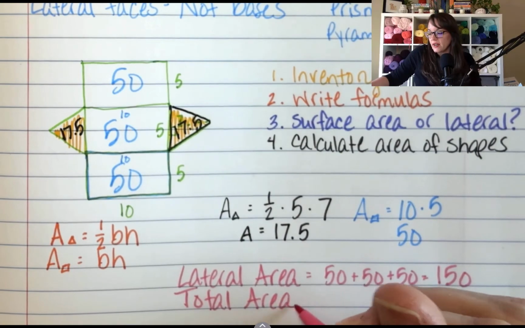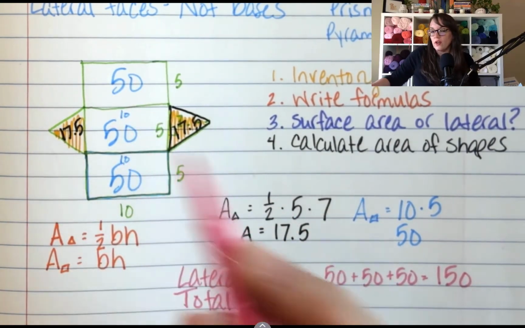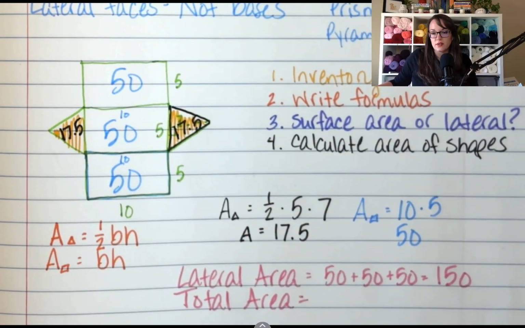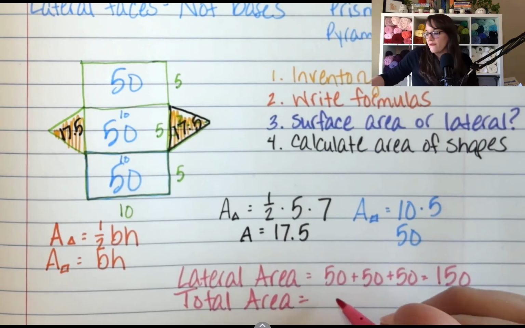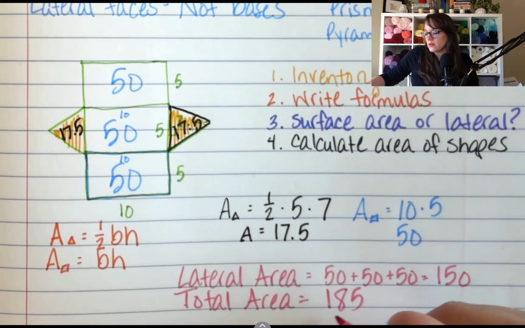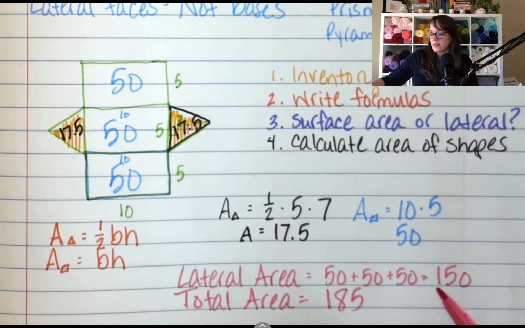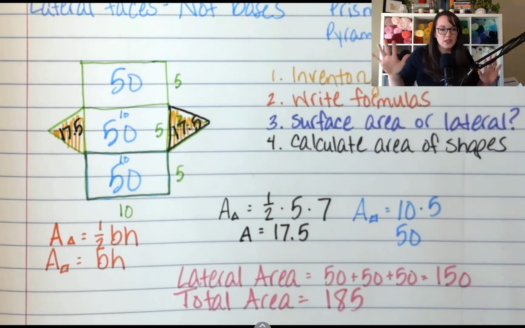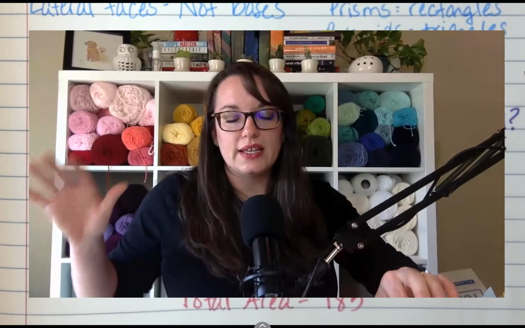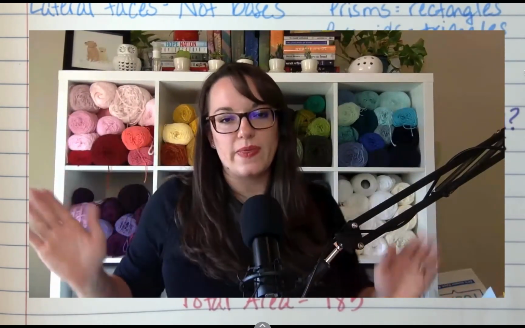Total surface area here when I add all 5 shapes together. 185. Because 150 plus 17.5 plus 17.5 is 185.